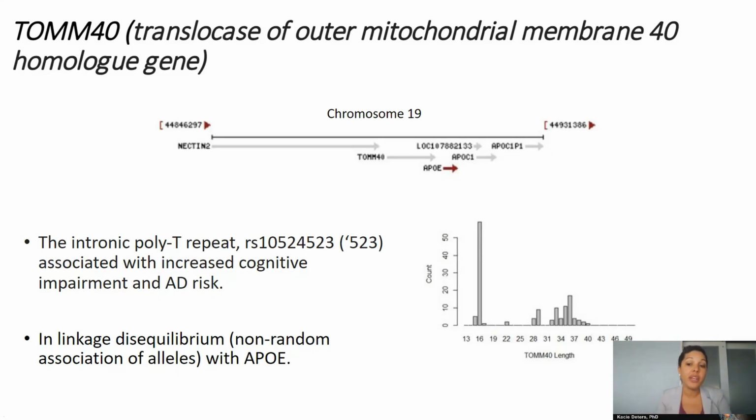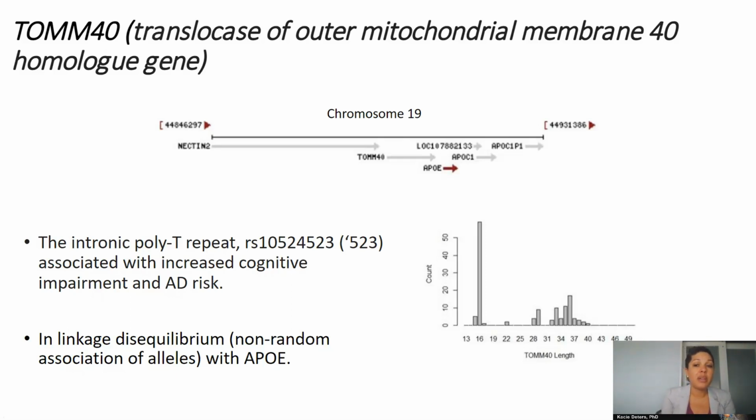And if you look at the figure that's there, this is a histogram showing the count on the y-axis and the TOM40 length on the x-axis. And you can see that in general, people with this specific polymorphism have T's between around 15 to 40.